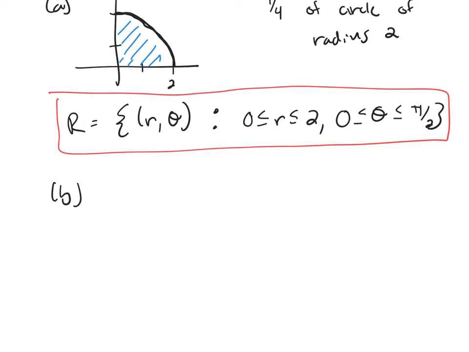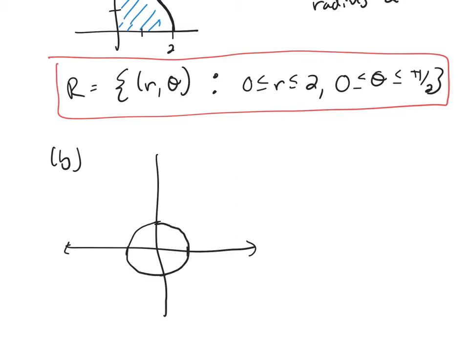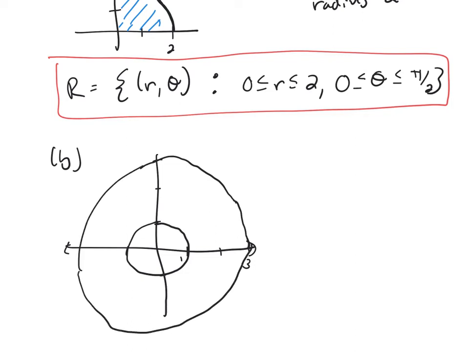Okay, so here's a circle of radius 1, and a circle of radius 3 here.